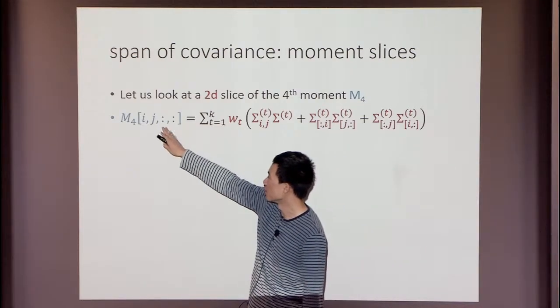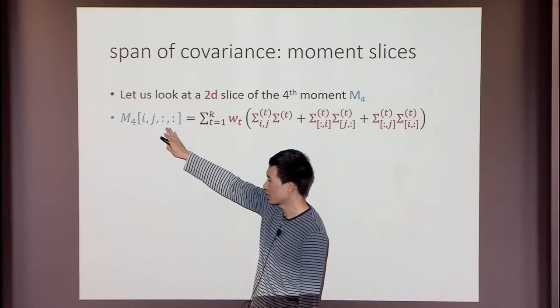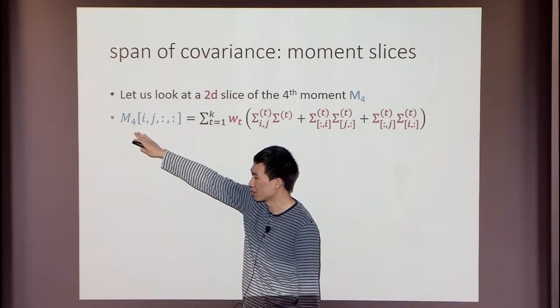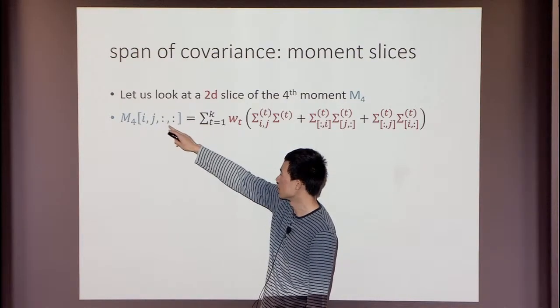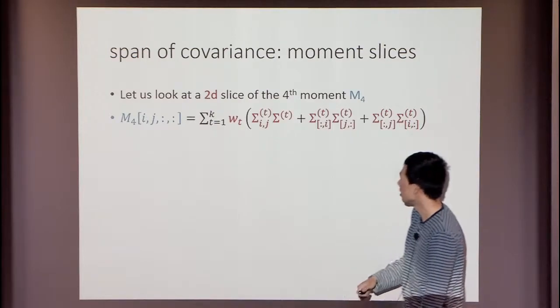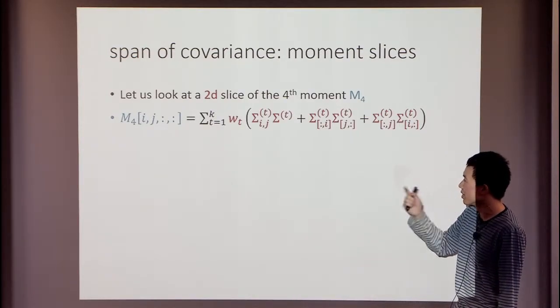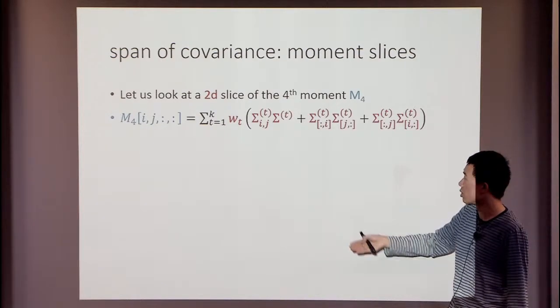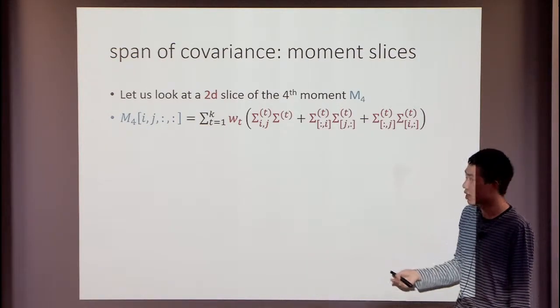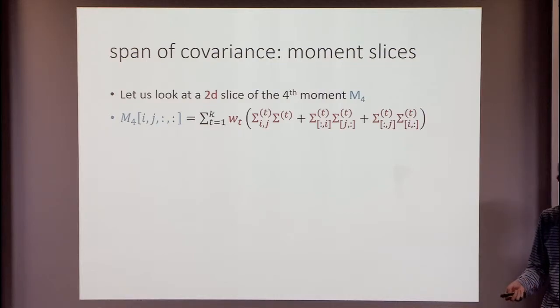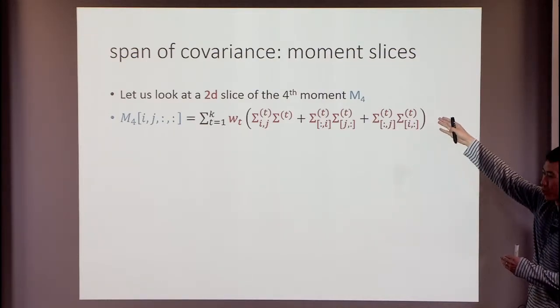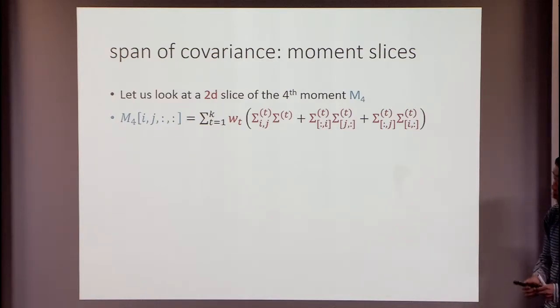This just means the ij submatrix of this fourth order tensor M4. So these two entries are left undetermined. This submatrix is a two-dimensional slice. You can compute it again by using Isserlis's theorem. Now please just believe me that if you compute it, it will look like that.